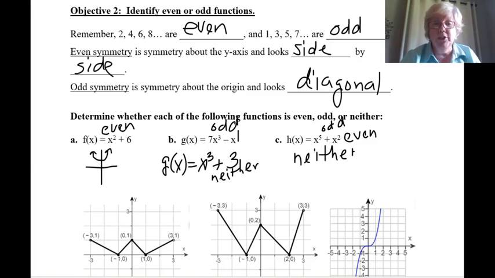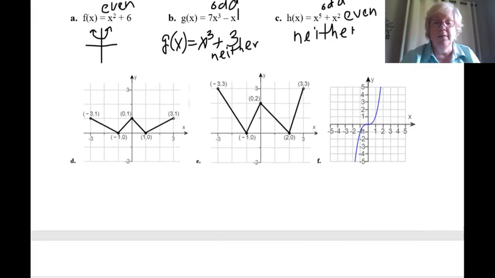Now in addition to using the exponents, you can also simply look at graphs. This first graph, notice how it is perfectly symmetrical side by side. The left and the right sides look like mirror images of each other across the y-axis. This is symmetry about the y-axis, which is even.